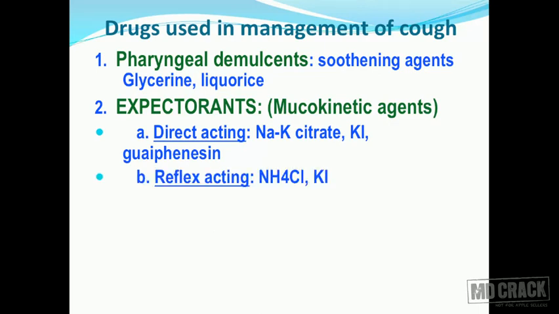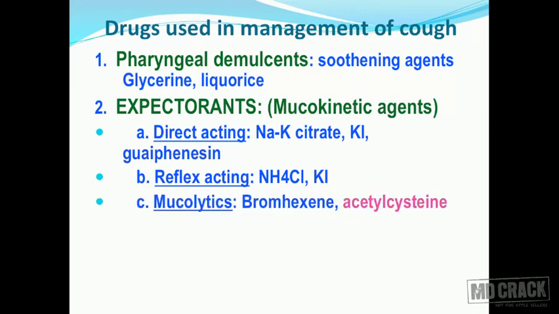We have a reflex acting agent, that's ammonium chloride, and you also have potassium iodide here, which has a direct action as well as reflex action. And lastly, you have mucolytic agents, which have got an extreme importance, and a very useful agent is bromhexine. I have highlighted on the slide a drug called acetylcysteine, which is a very useful mucolytic agent in very serious type of cough, which is associated with diseases like cystic fibrosis.